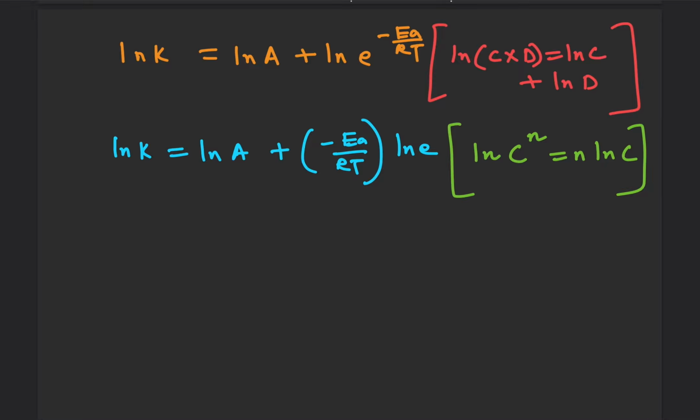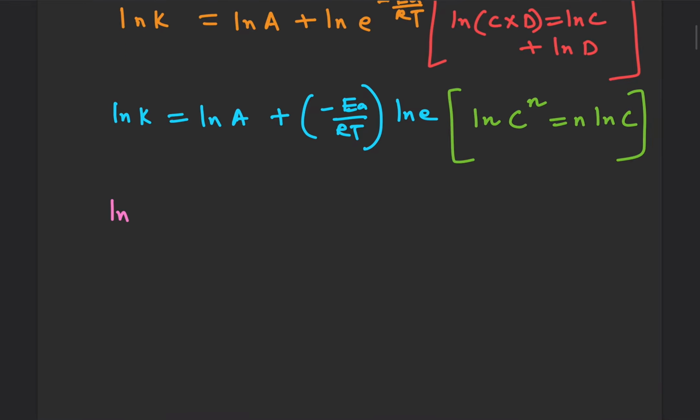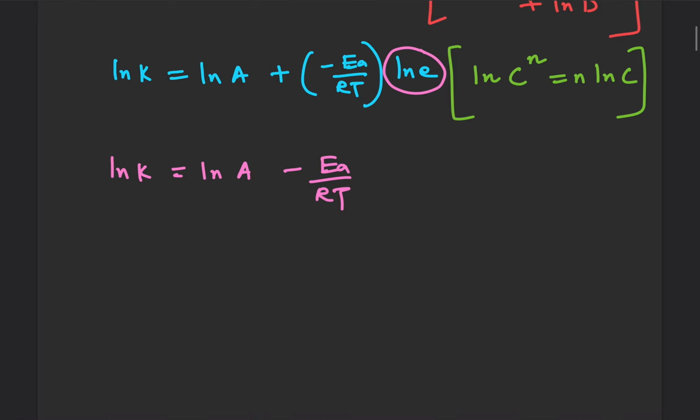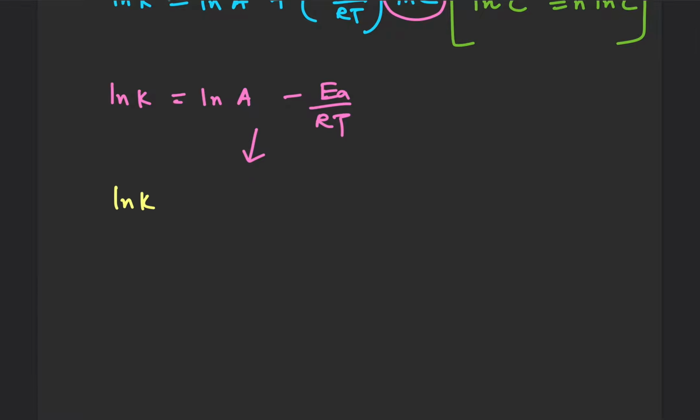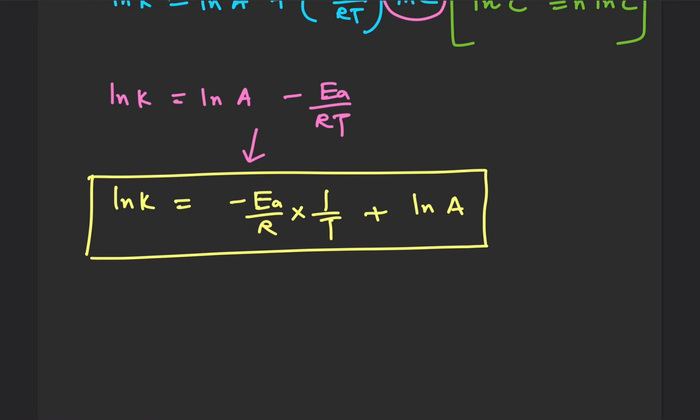Since ln e is 1, I can write ln k is equal to ln A minus EA by RT. I can rewrite this as ln k is equal to minus EA by R, keeping 1 by T separate, plus ln A.